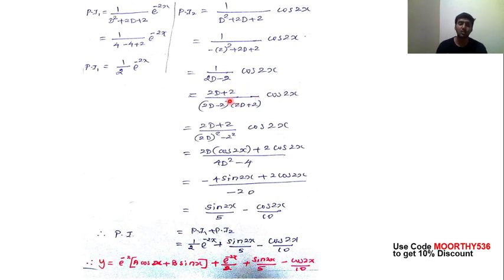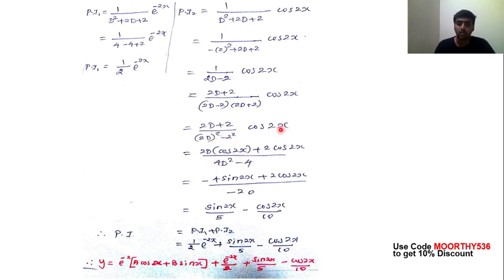If you are multiplying the 2D plus 2 in the numerator as well as denominator, the value does not change. So now 2D plus 2, then minus 2 multiplication, it's a square minus b square format. 2D the whole square minus 2 square into cos 2x. Now again 2D the whole square, we know that is 4D square minus 4.